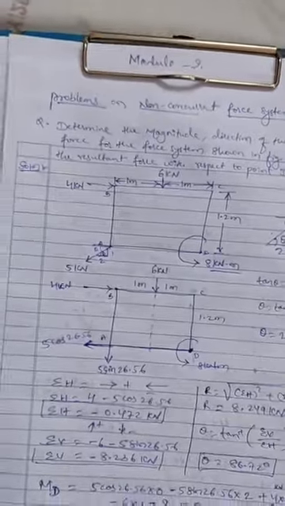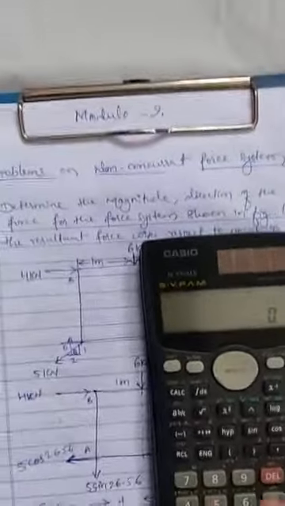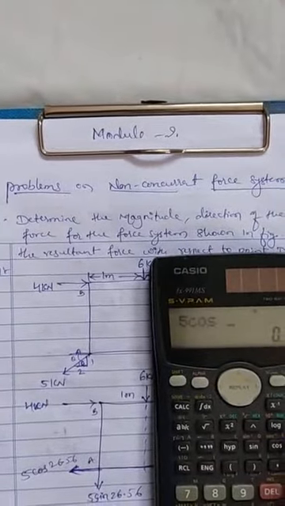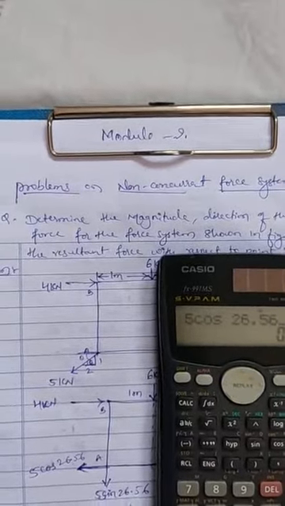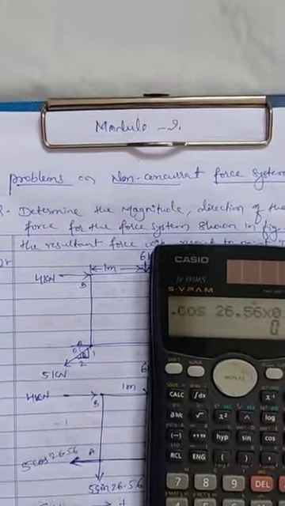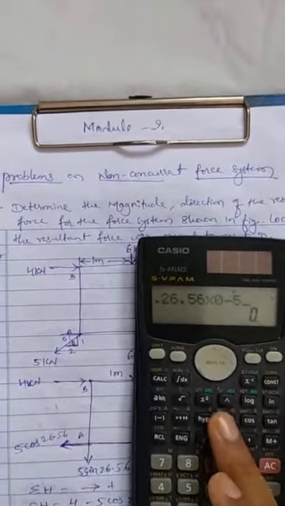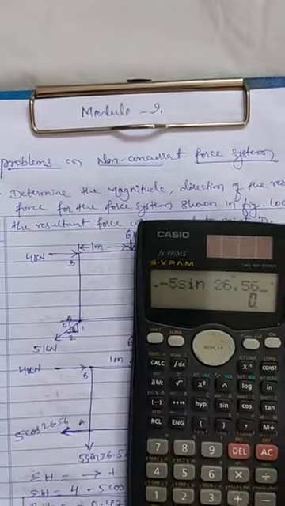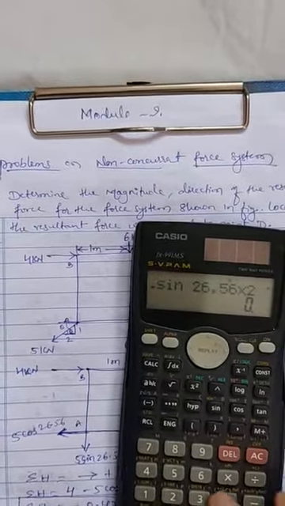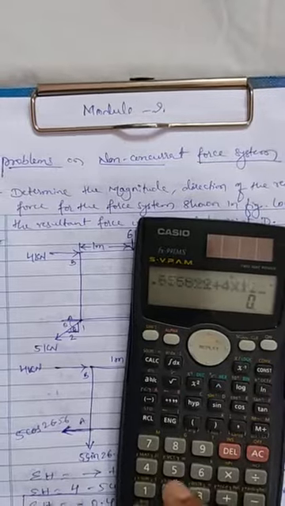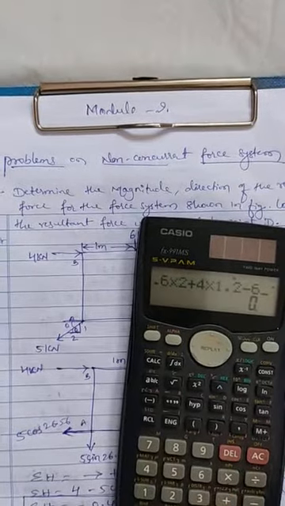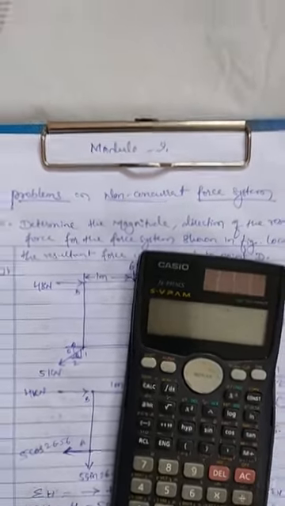You work this out; I will take the help of a calculator. It is 5 cos 26.56 multiplied by 0, which is already 0, so no need to calculate. Then minus 5 sine 26.56 into 2 plus 4 into 1.2 minus 6 into 1, which is 6 minus 8.